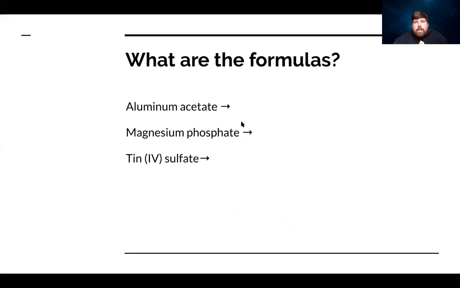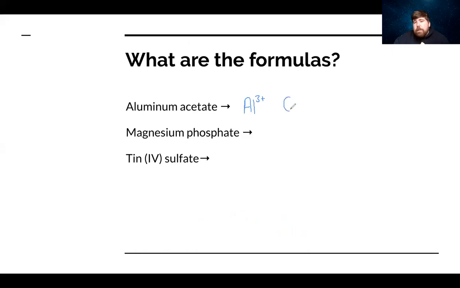So when we're writing formulas, it follows the same rules. We want to make sure that the formula represents a neutral formula, and this is all based on the charge of the ion that is participating in the compound. So aluminum being in the third column is going to be Al3+, has a 3+ charge.